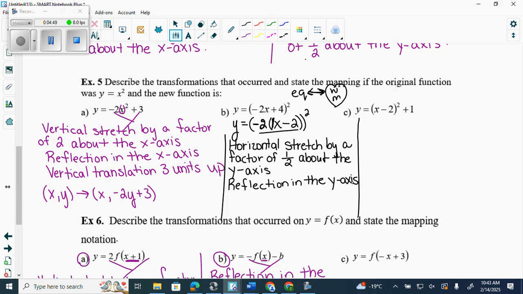So horizontal stretch by a factor of a half about the y-axis, a reflection in the y-axis, and then what's this? This has a 1 in front of it now. What is the x minus 2? It's a horizontal translation. Two units what? Right.